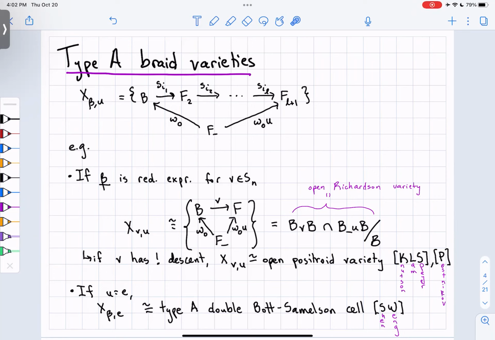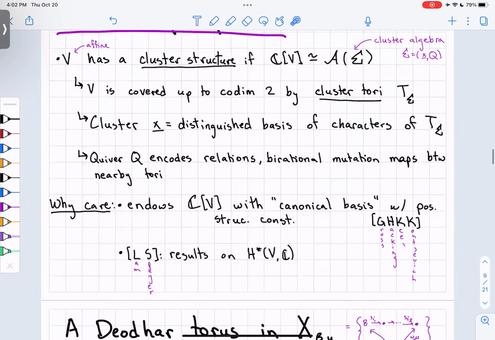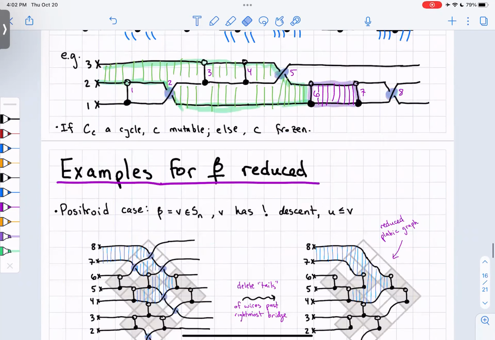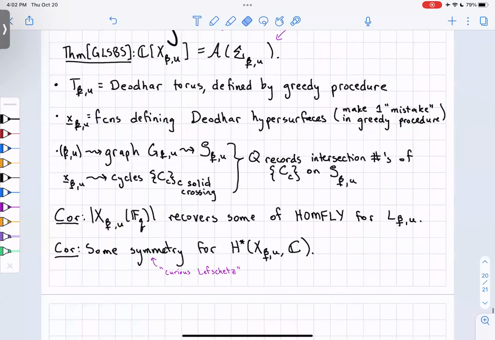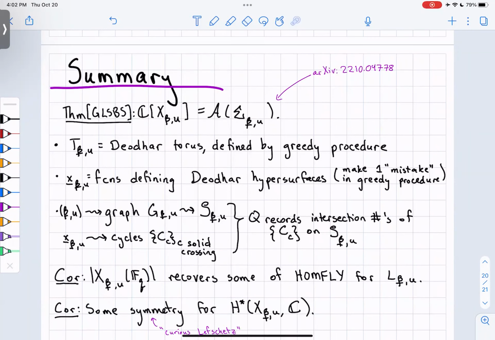And is some or most of this expected to work in arbitrary type? Yeah, so we are working on the general type paper. Basically all of the geometric content stuff is not type dependent. The ability to draw this graph seems to be type A because you have wiring diagrams.